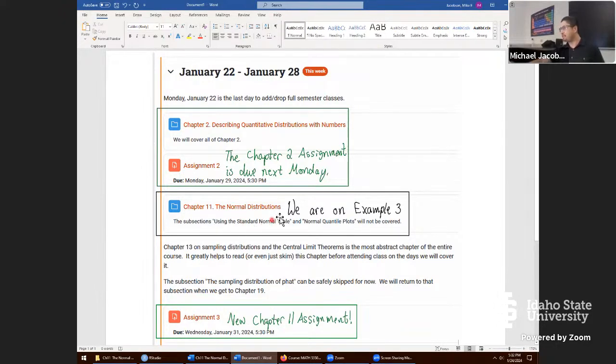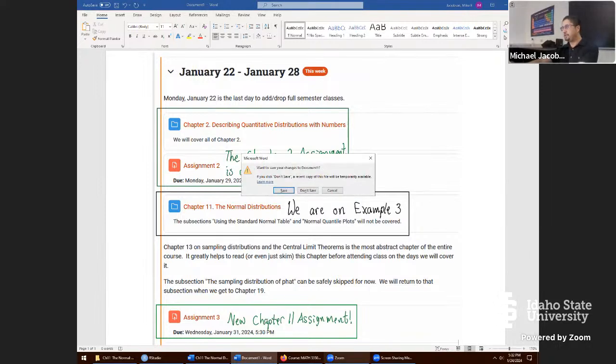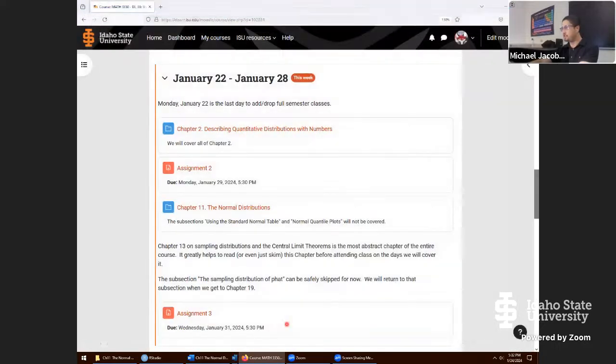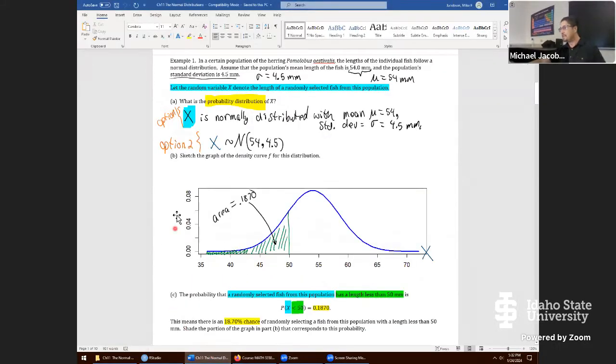We're going to go back to chapter 11 on example 3. But before we do that, let's refresh ourselves on what we've been doing. This is essentially the model that we're working with. It's referred to as a continuous probability model, where probabilities are areas under a certain curve called the density curve. This blue curve has a pretty complicated function for it, with an exponential function to go along with it.